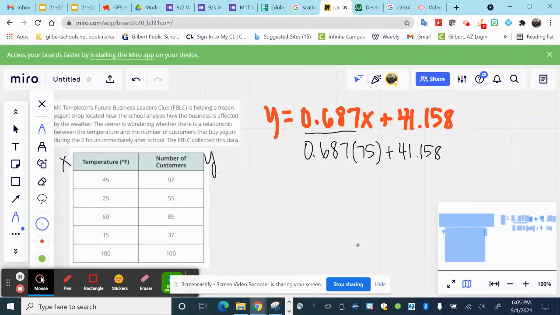This right here, this 41.158 is our y-intercept. That's our starting point where our equation is. So we start with a very low amount of 41 customers, and then with every 1 degree, we increase 0.687 customers. So when I plug in my 75, what that's going to tell me is the number of customers that I'm going to have for that day.